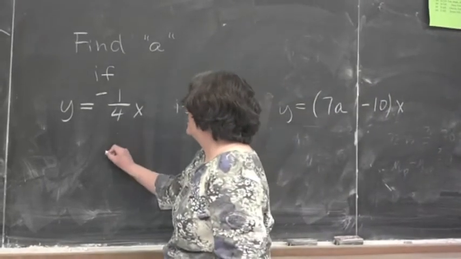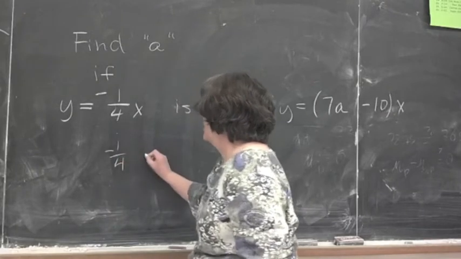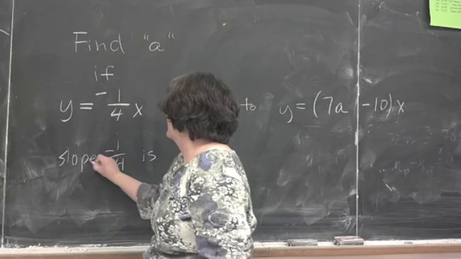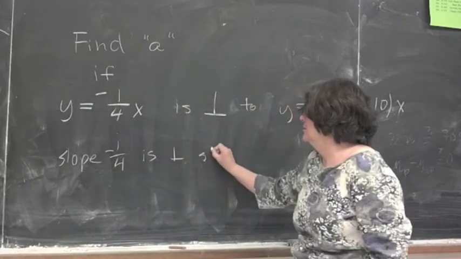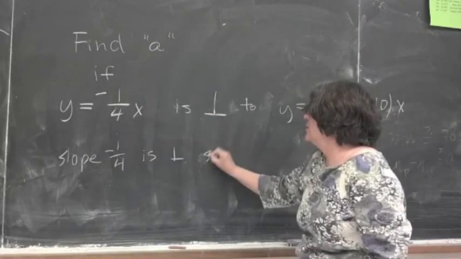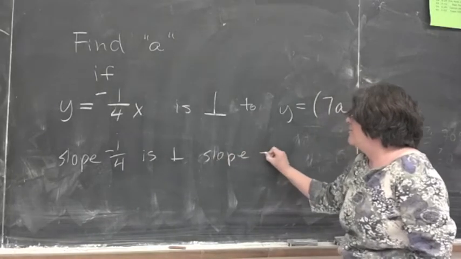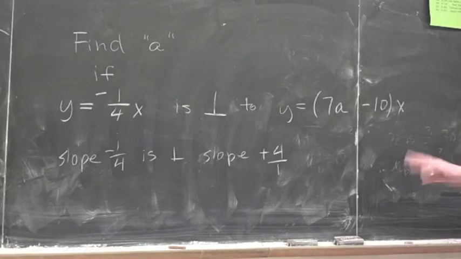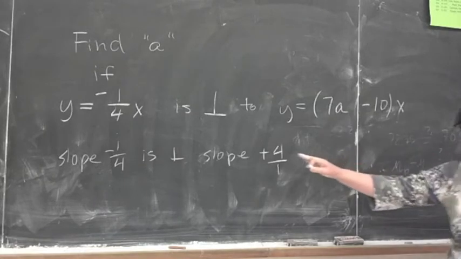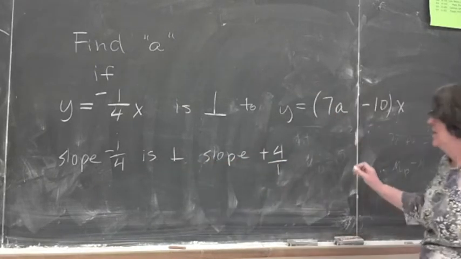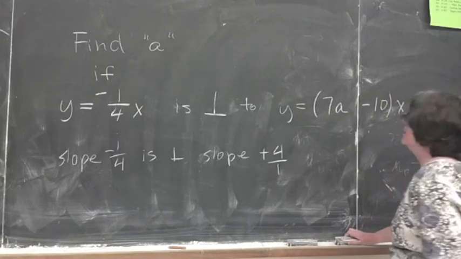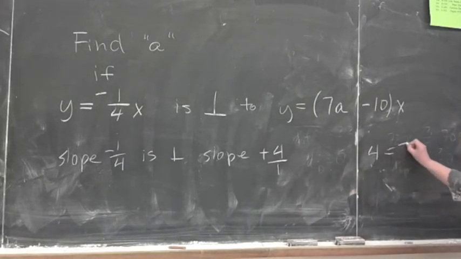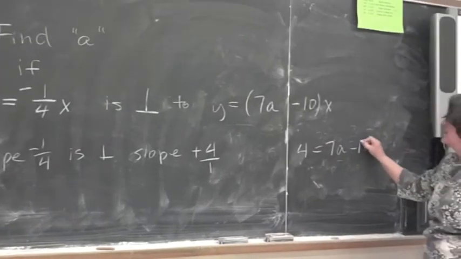Perpendicular to -1/4, that slope is perpendicular to a slope of positive 4/1. Reciprocal and make it negative. That one was negative, now it's positive. Now we're going to set our 4 equal to 7a minus 10.